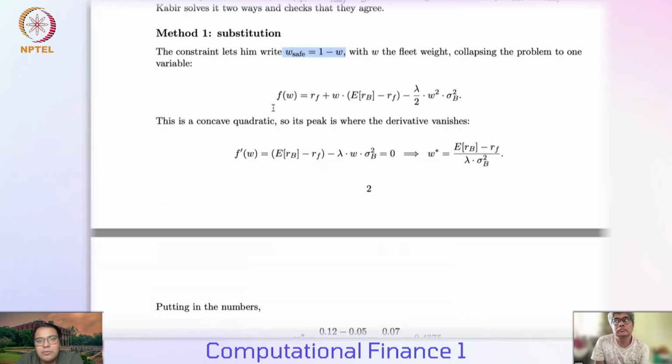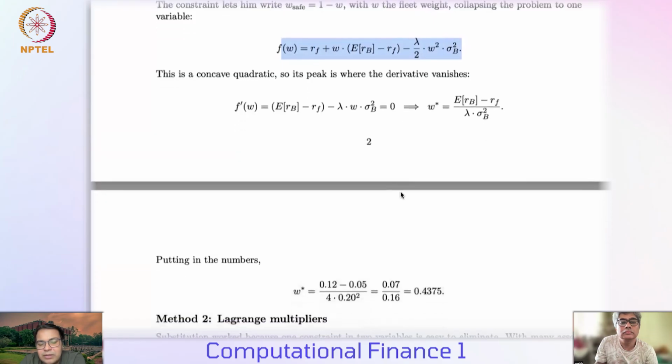Then we can put this all back in the objective function, so as to write the objective function as a function of W only. So there is only one choice variable W, and we have managed to successfully write everything in terms of this.